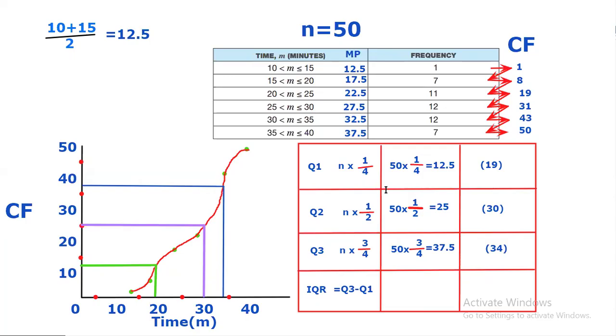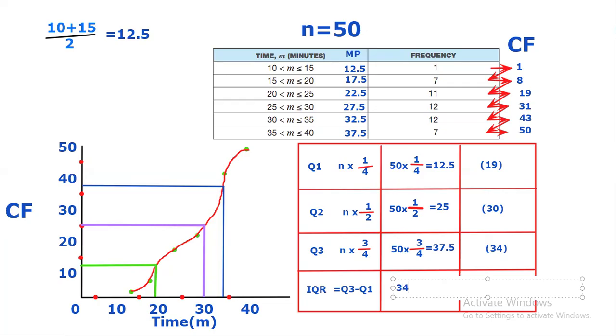I followed the steps that I know about finding quartiles from frequency diagrams. Focus on the steps of the frequency diagram, the steps of drawing, and then the steps of finding the quartiles. And then the last thing I should do is find the IQR, and the IQR is subtracting Q1 from Q3.